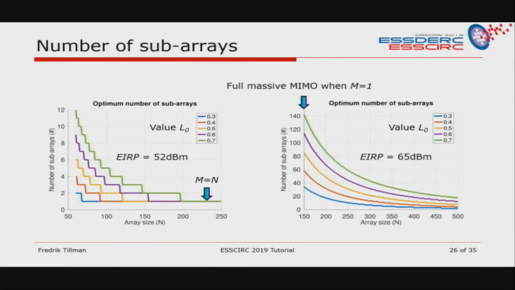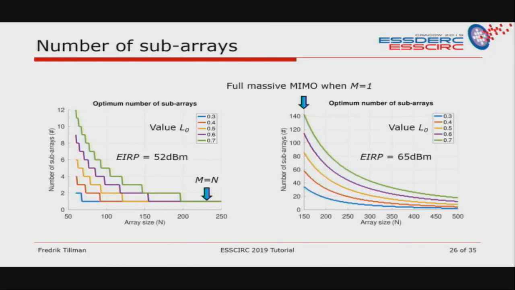We will have very few splits in the analog domain. That's more favorable. So if we go all the way down to a very small array size given the EIRP, then it will end up in digital beamforming as the most power efficient solution.